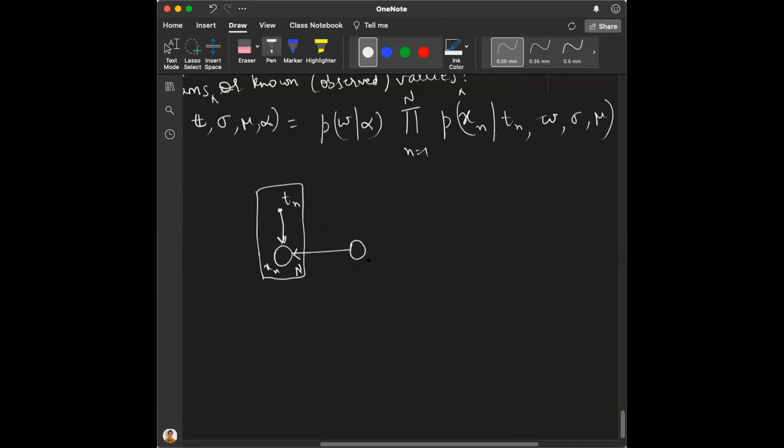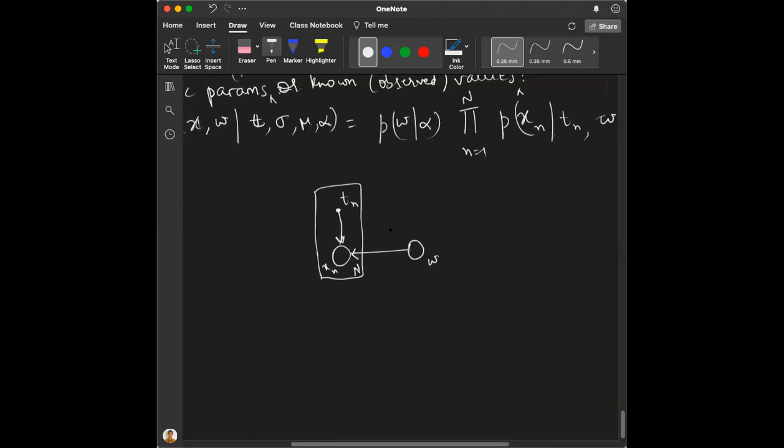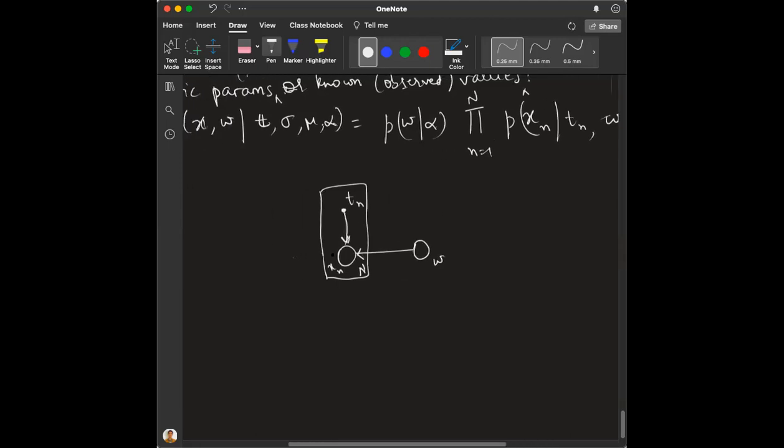So a circle, W. And what else does my xn depend on? Some deterministic parameters, mu and sigma, which are also not dependent on n, so they're outside the plate. So we have mu and sigma.